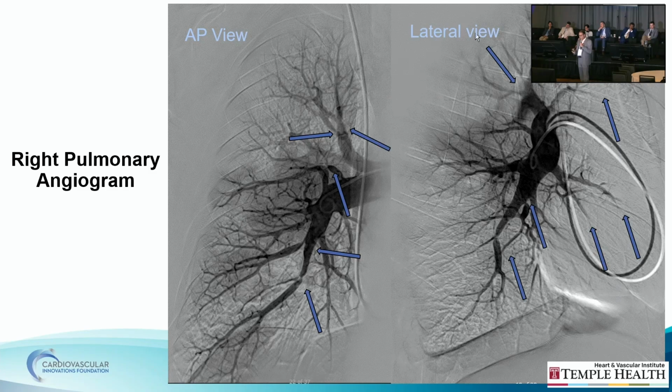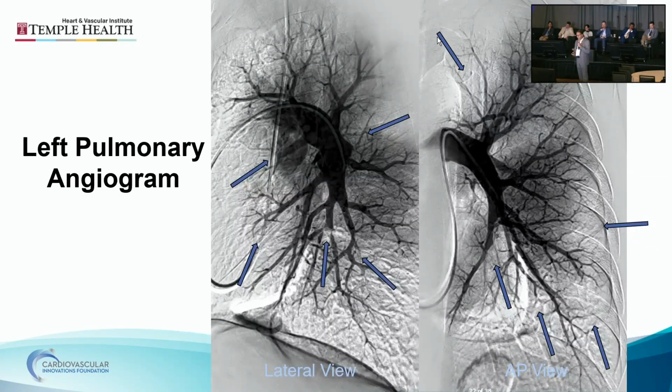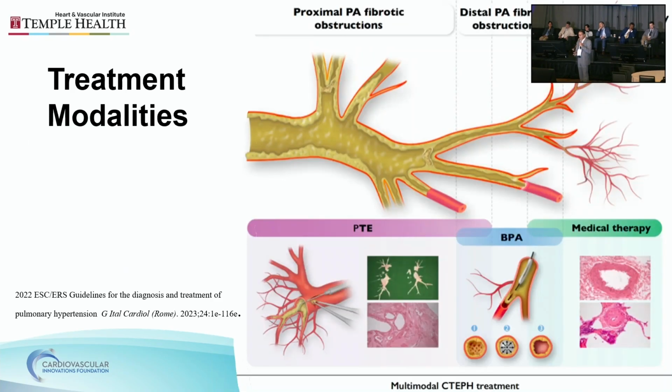This is his right pulmonary artery in AP and lateral view, and this is his left pulmonary artery in AP and lateral view. Now, how do we decide the treatment modality for these patients? That primarily depends on the location of the thrombofibrotic lesions.